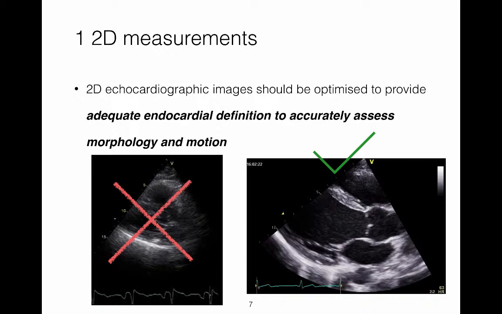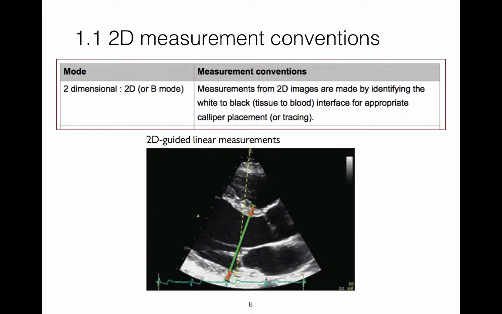As such, it's always worthwhile to take the time to find the optimal imaging window and to optimize the image by adjusting frequency, gains, focus, etc. A well-optimized 2D image that provides adequate endocardial definition enables the identification of the white to black interface, that is, of the tissue to blood interface, and this ensures correct caliper placement or tracing.